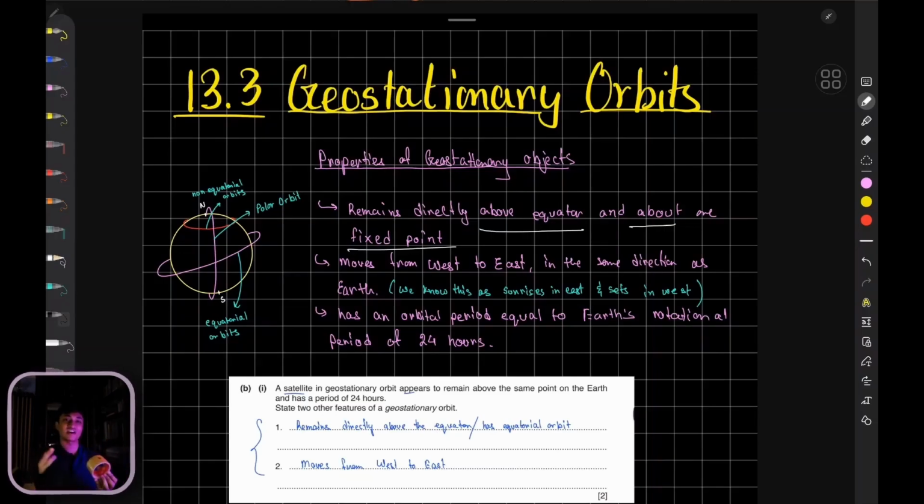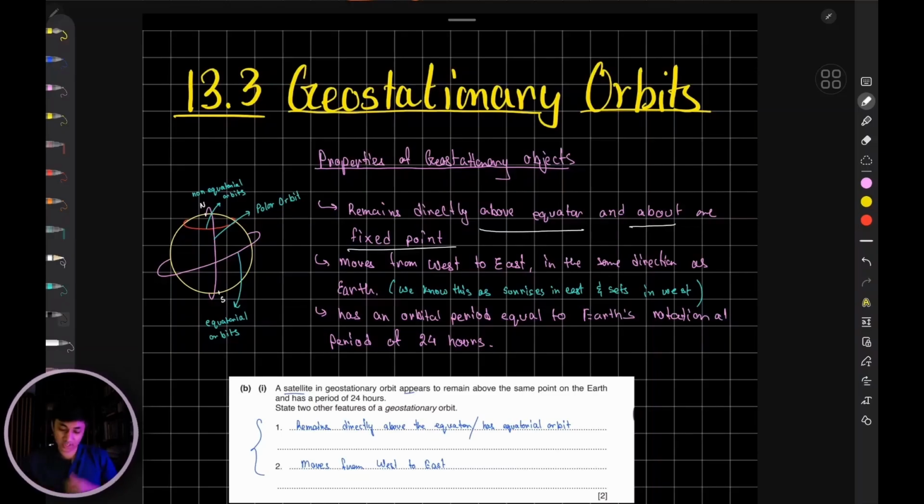My finger is unable to be above the same exact fixed point. Mind you, yes, after a period of time, it will come back to the same fixed position, but it will not stay in sync. Whereas if I had fixed a point exactly above the equator, it would revolve around it exactly in sync. It would not move away from the fixed point.